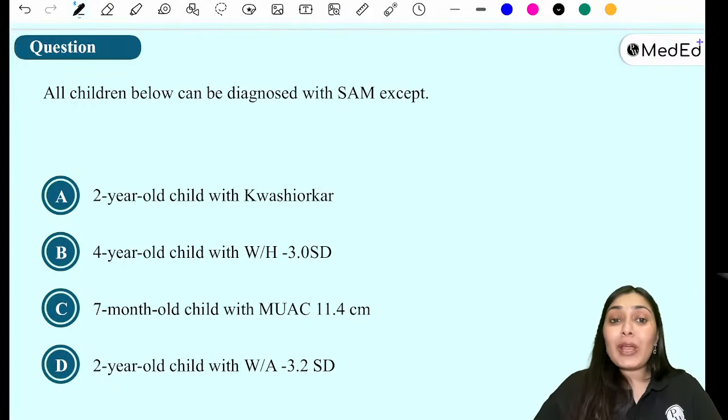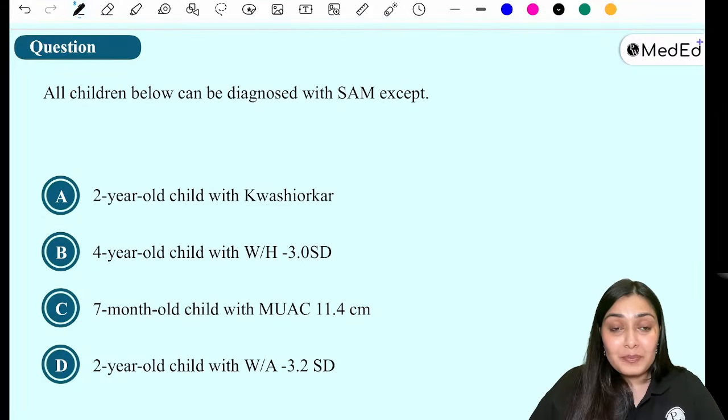All children below can be diagnosed with SAM except: a 2-year-old child with kwashiorkor, a 4-year-old child with weight for height -3 standard deviation, a 7-month-old child with MUAC 11.4 centimeter, and a 2-year-old child with weight for age -3.2 standard deviation. What do you think would be the correct answer over here?